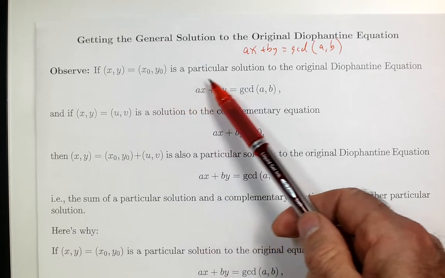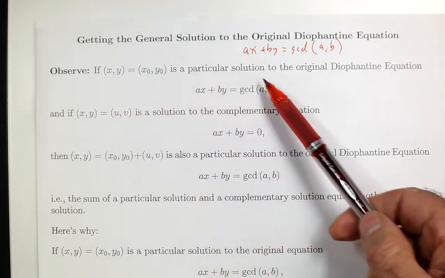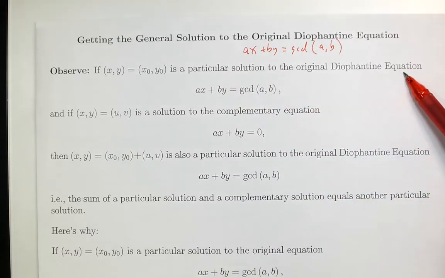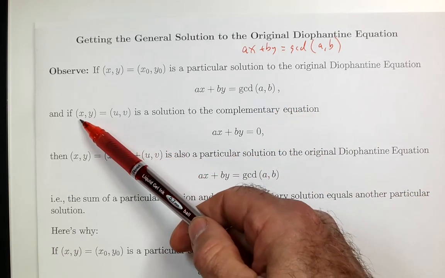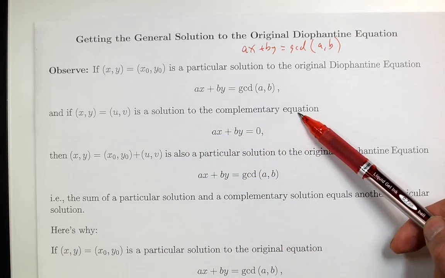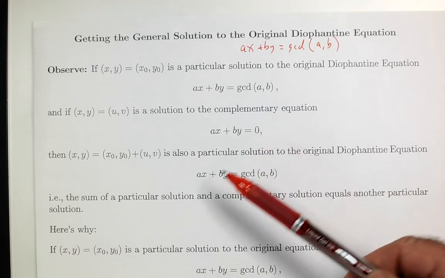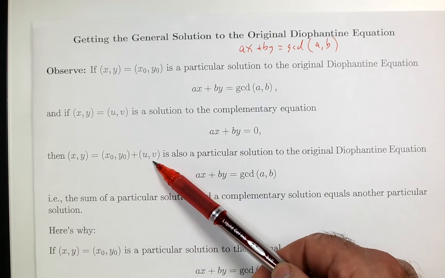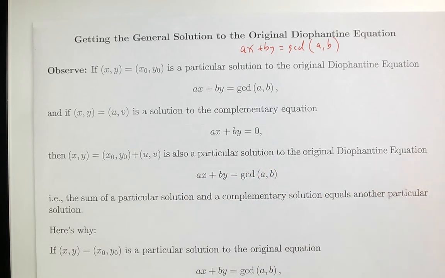If we have a particular solution, let's say (x, y) equals (x naught, y naught), to the original Diophantine equation, and if (x, y) equals (u, v) is a solution to the complementary equation, then (x, y) equals (x naught plus u, y naught plus v) is a particular solution of the Diophantine equation.